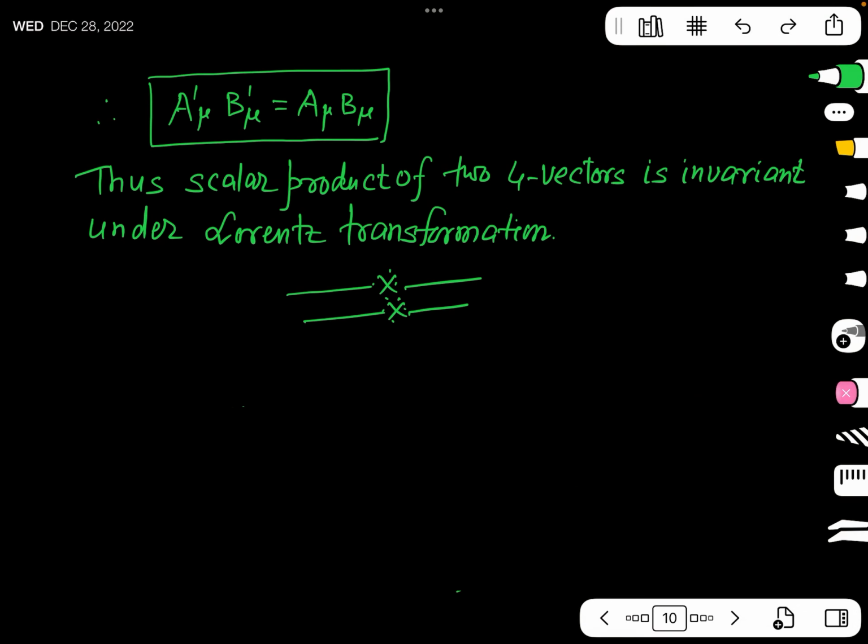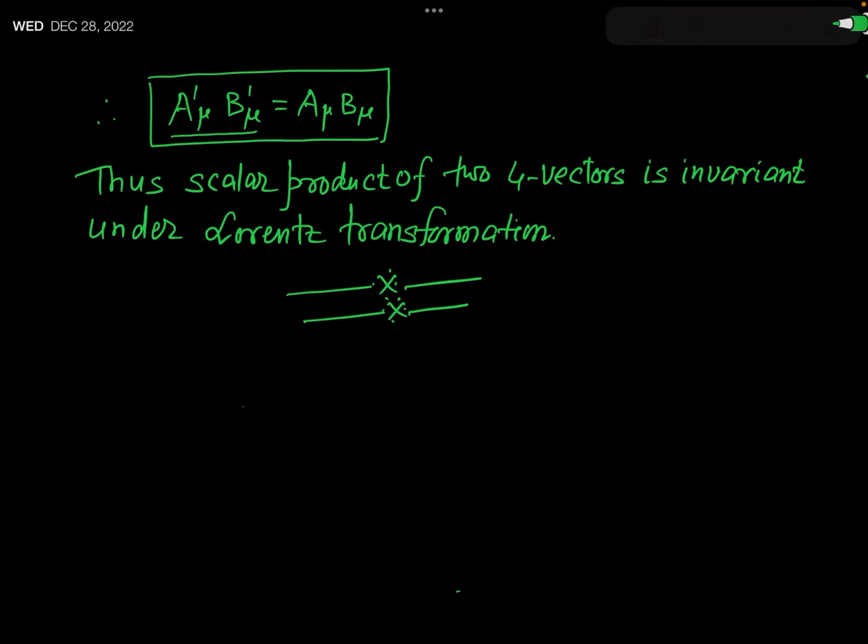So you can say that A'_μ times B'_μ is equal to A_μ B_μ. This is actually the scalar product of two 4 vectors in S prime frame, and this is the scalar product of the same two vectors in S frame, and these two scalar products are equal. So we can simply say that the scalar product of two 4 vectors is invariant under Lorentz transformation. Okay, I think you have clearly understood how this fact can be explained.